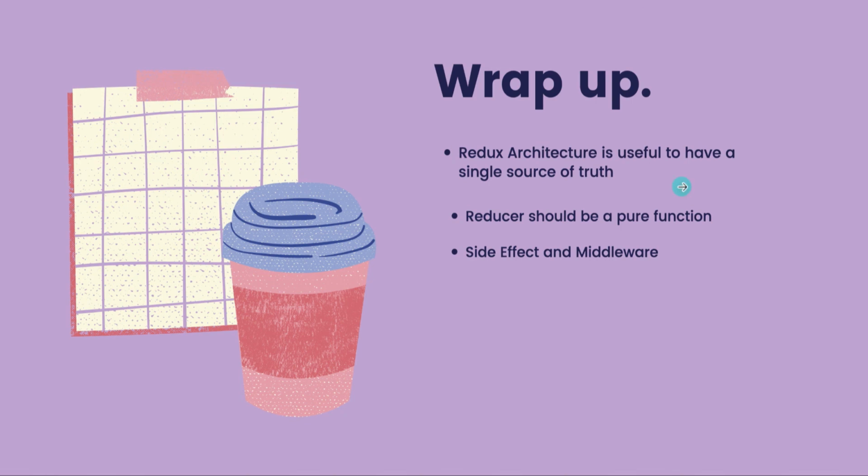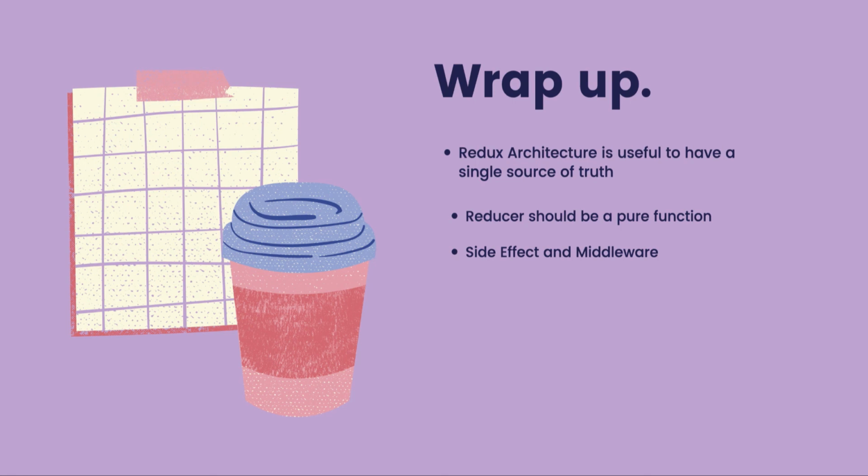Yeah, just to recap or wrap up the main points we talked about. The point is that Redux architecture is useful to have a single source of truth, which will make the application more predictable.